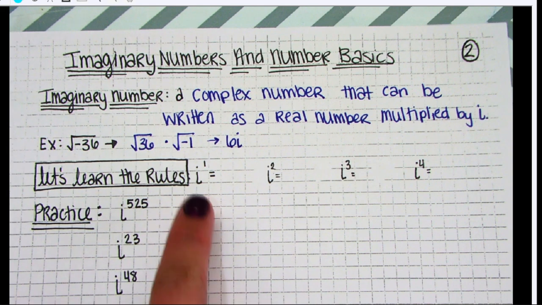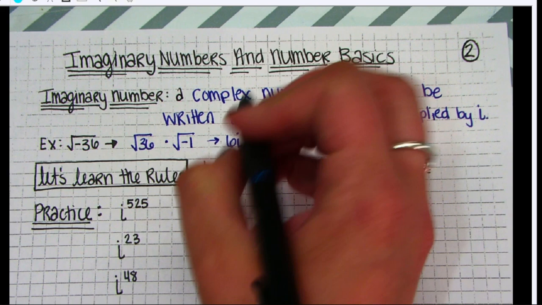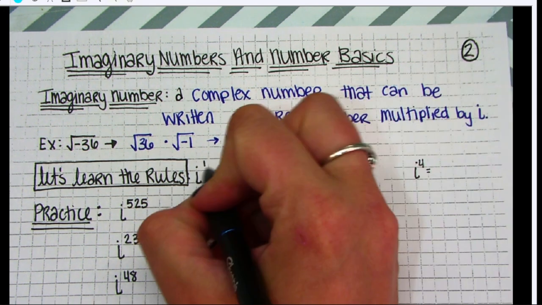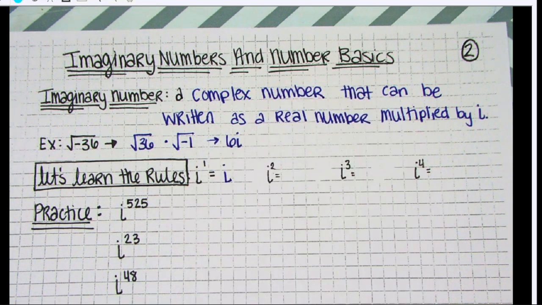What's i to the first? No, it's not 0. It's not 1. It's okay. It's been a while. It is i. I to the first is i. Anything to the first power is itself. What about i squared? -1.